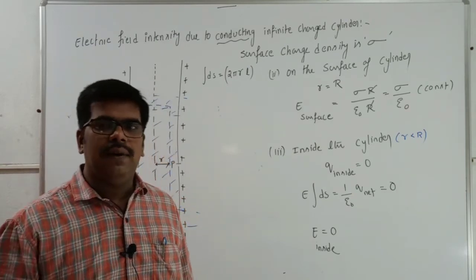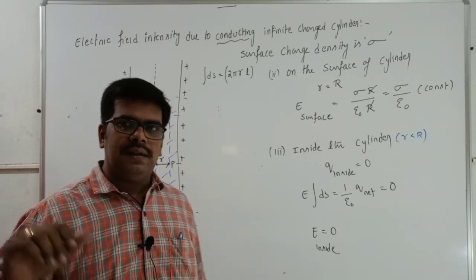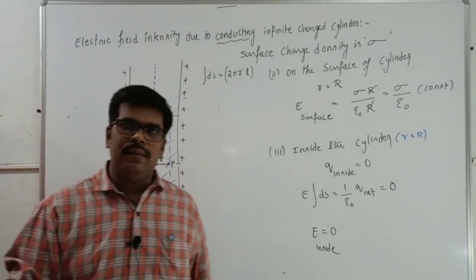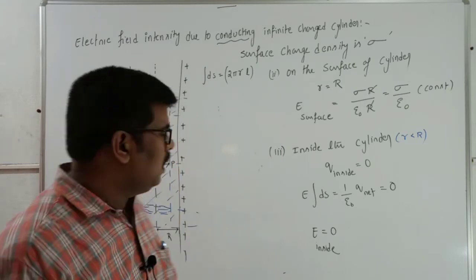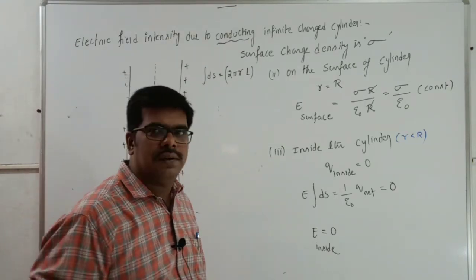In the non-conducting case, electric field intensity is present. The reason I told you already: charge does not reside inside a conducting body. It always resides over the surface only. That's why for an inside point the electric field intensity is 0.